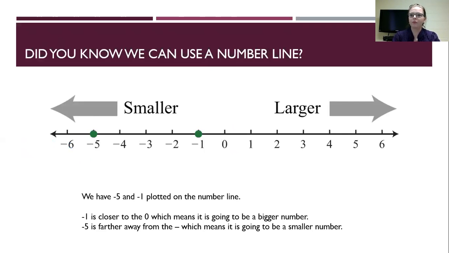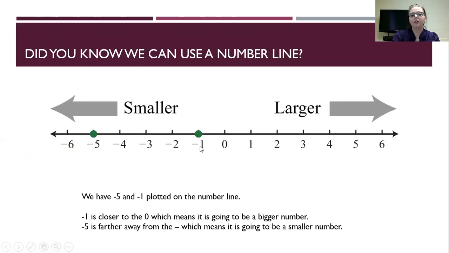And then, like I was saying, we can use the number line to identify which numbers are going to go smaller to larger, or less than or greater than. So right here we have negative 5 and negative 1 plotted on the number line. So we're going to look at the 0. The one that is closer to the 0 from the left side is going to be the bigger number.